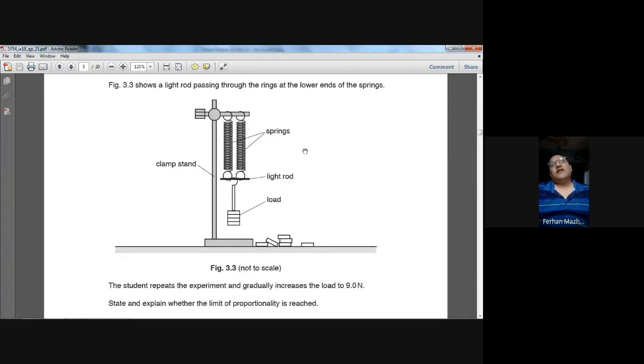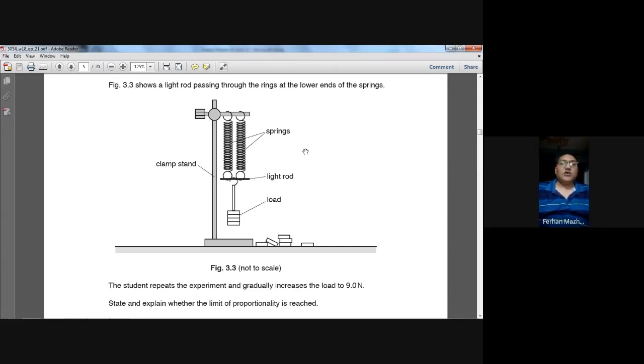In the first figure, there was only one spring, and the loads were hung with it. But now he's using 2 springs. He's using them parallel to each other, and the load is hung with them. So for example, now you hang a 9 Newton load with these 2 springs.